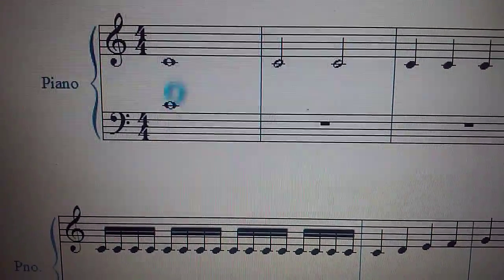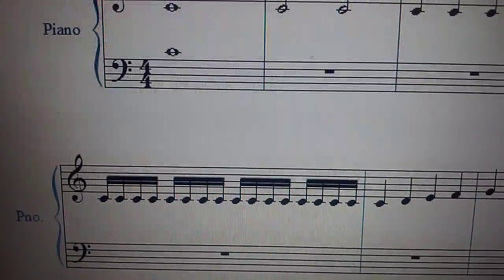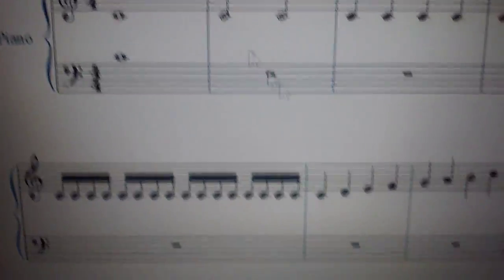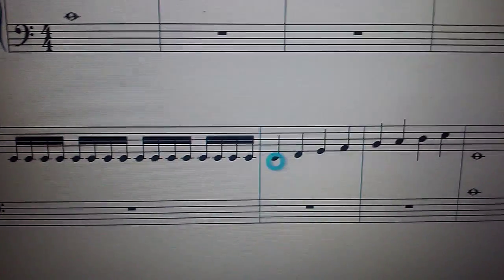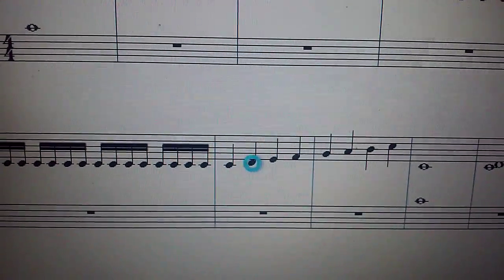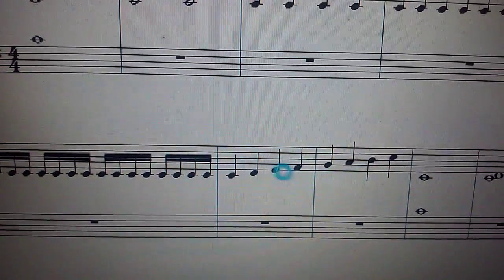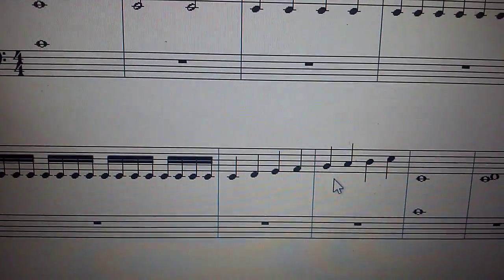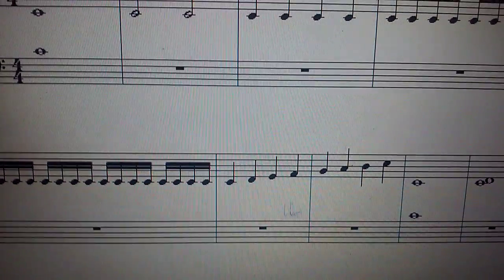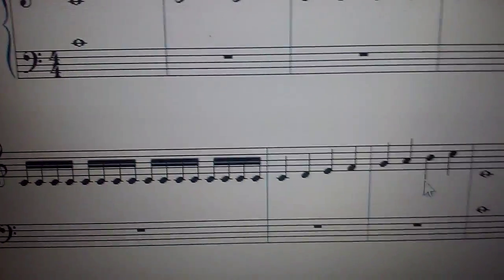These two are the same pitch. Exact same pitch. Same thing. So we're starting on middle C. We have C, D, E, F, G, A, B, and C. That's your C major scale.